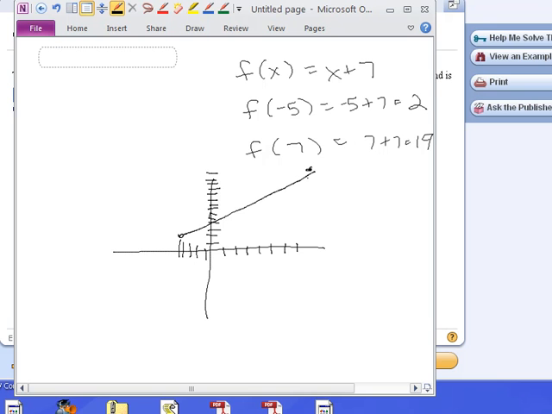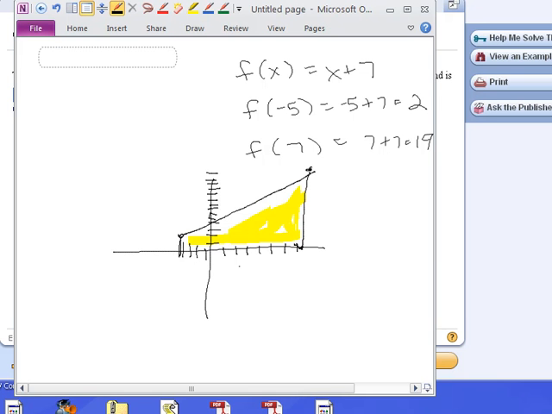Okay, and we want the area under the curve. I know it's kind of a crappy drawing, but just imagine that this area is the area of this trapezoid right here. The way you find the area of a trapezoid is you add the parallel bases, and then you find the height.